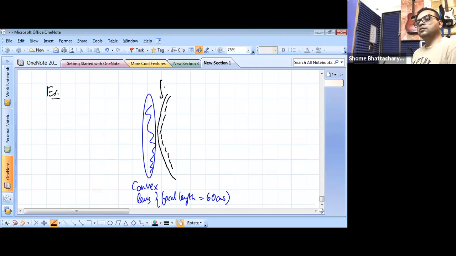This is a convex mirror of radius, let us say, 90 centimeters.